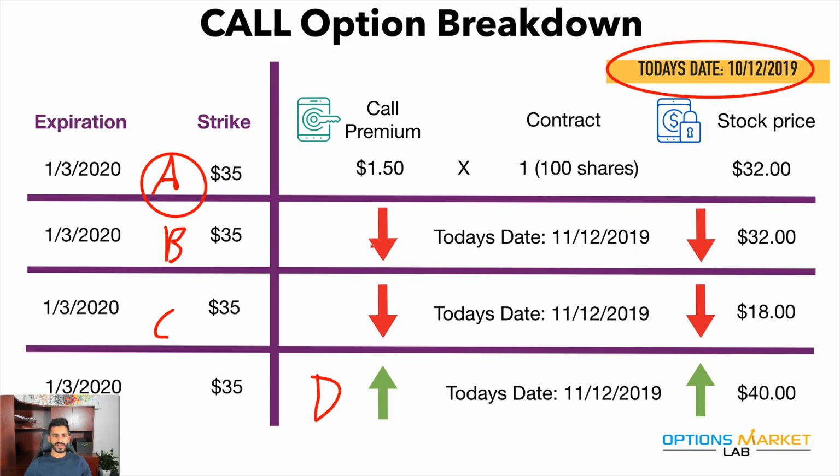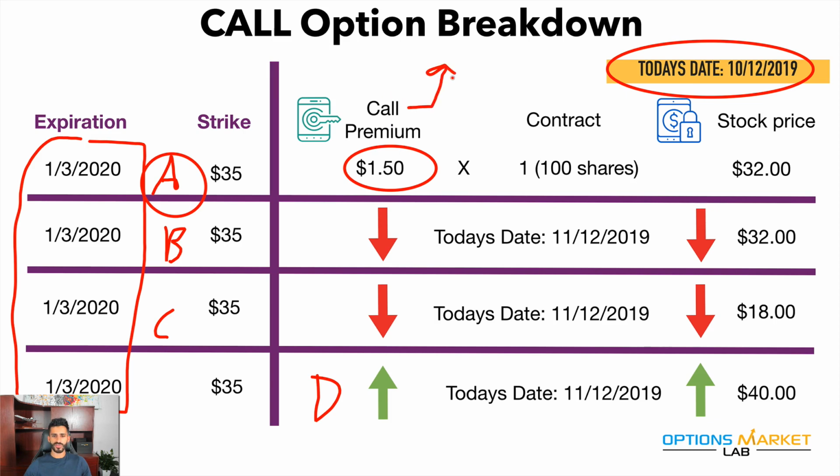The contract expiration date is January 3rd, 2020. In the first scenario, we are paying $1.50 for the call premium. Once again, if we buy a call, we are anticipating that the stock's price will go up. The strike price is $35. Stock right now is $32. And this is today's date.